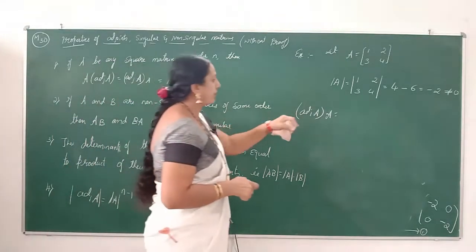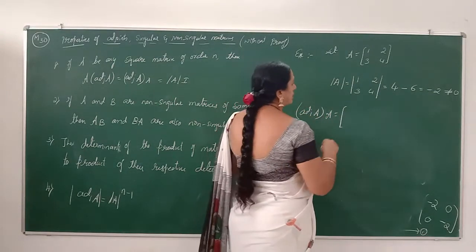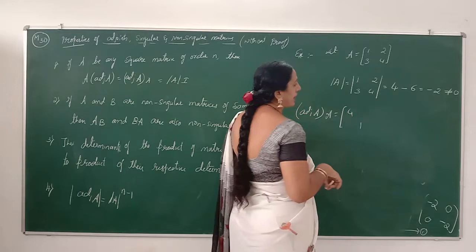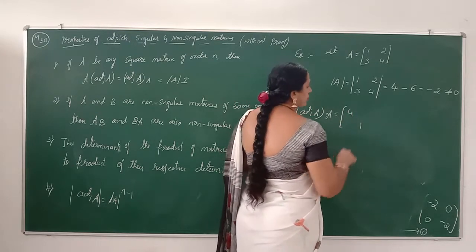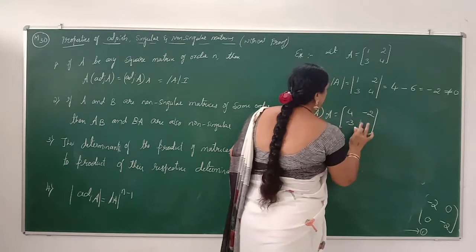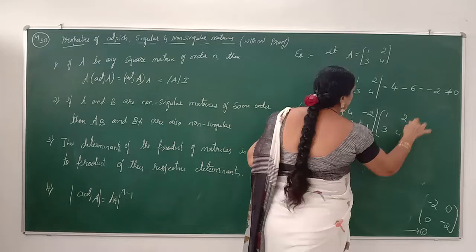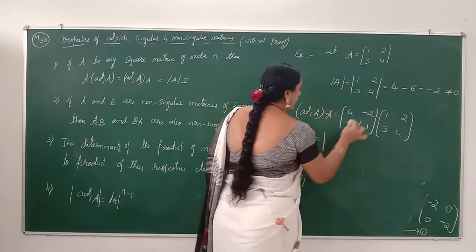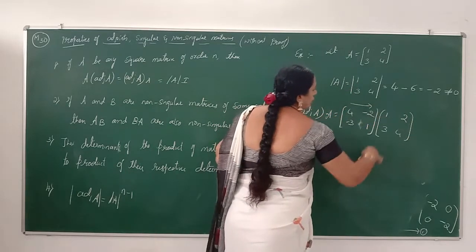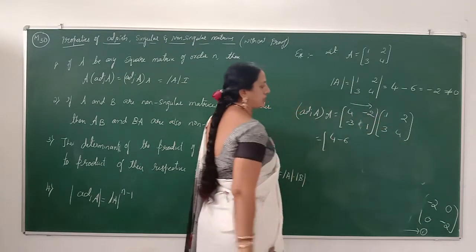Therefore, adjoint of A into A: the elements of the adjoint matrix are 4, minus 2, minus 3, 1, where the left diagonals change their places and the right diagonals differ with the minus sign. Adjoint of A into A means 4, minus 2, minus 3, 1 into 1, 2, 3, 4. Now these are multiplied. Product of row with column: first row, first column, 4 minus 6 is minus 2.